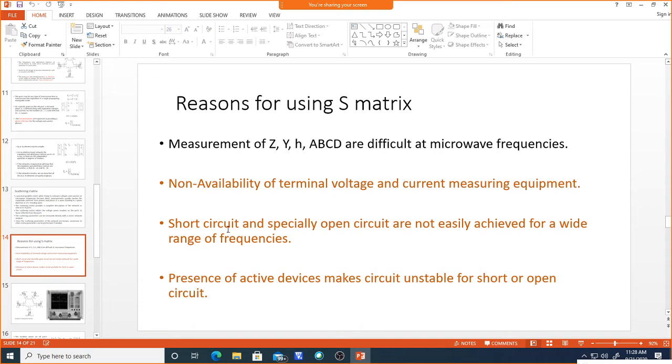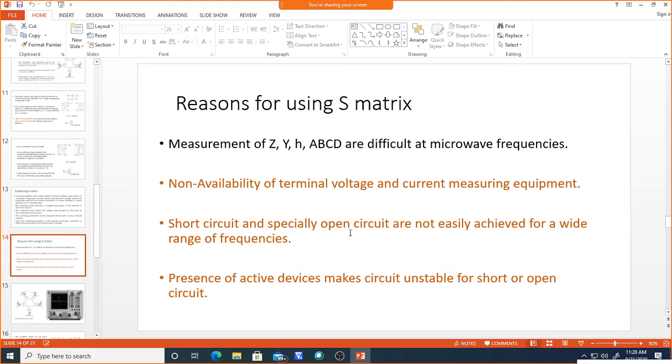Also, as in your circuit schematic, short circuits and especially open circuits are not easily achieved over a wide range of frequencies. In lower frequency circuit design, for a particular bandwidth, the open circuit may not cause that much problem. But at higher frequencies, an open circuit stub, either series stub or short circuit stub, will radiate at the edge wherever the open structure is there.